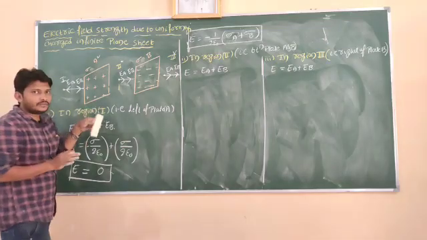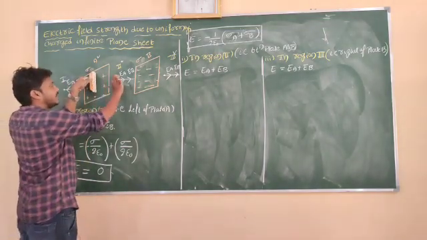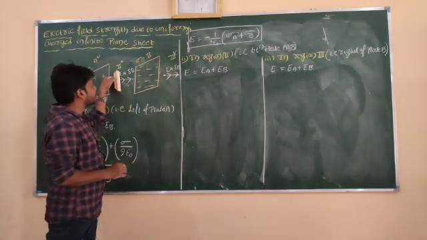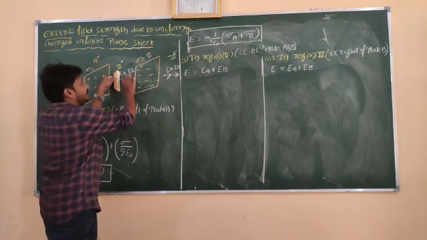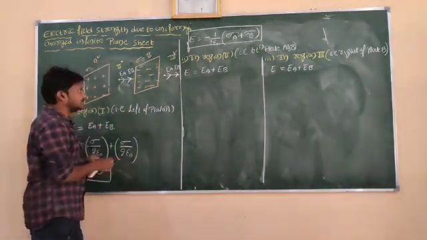So don't get confused here. For the negative charge, what is the direction of electric field line in the second region? For negative charge electric field lines are inward, so inward means this is the direction of electric field lines.